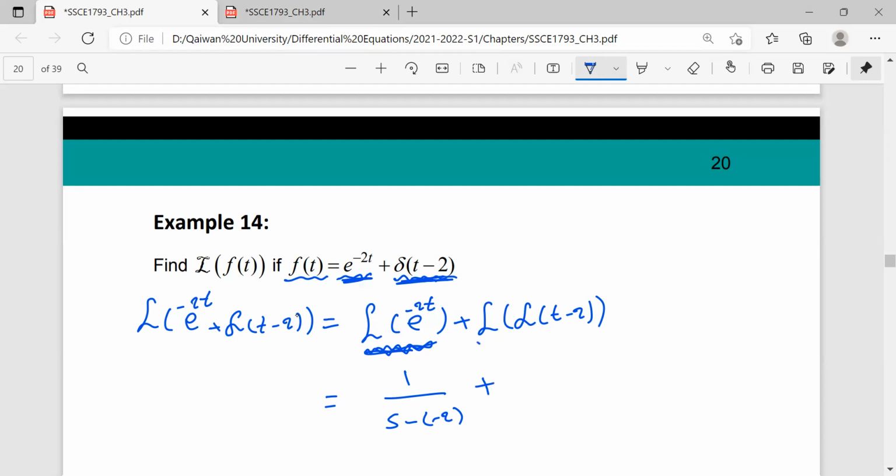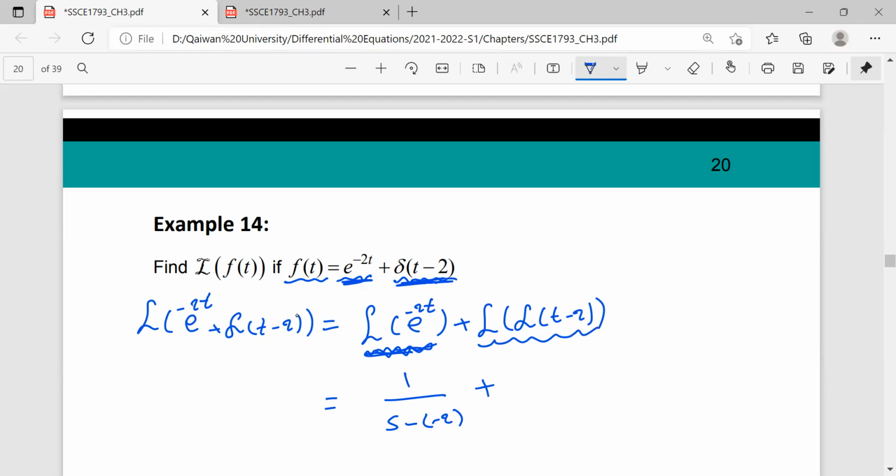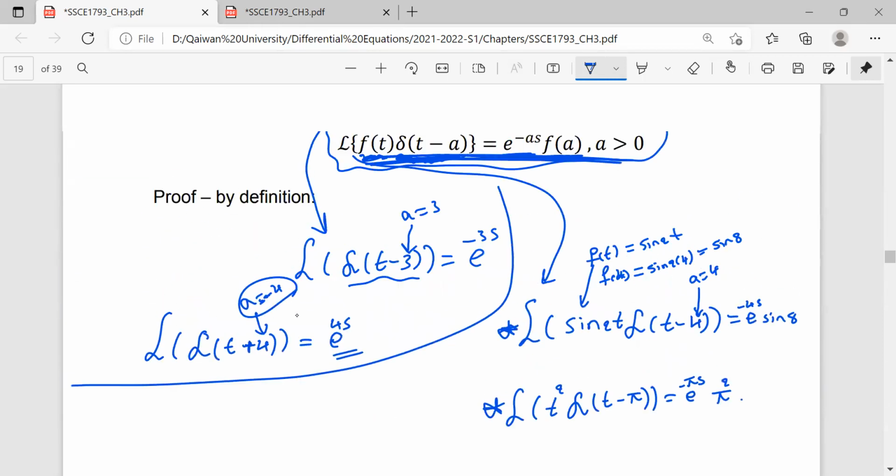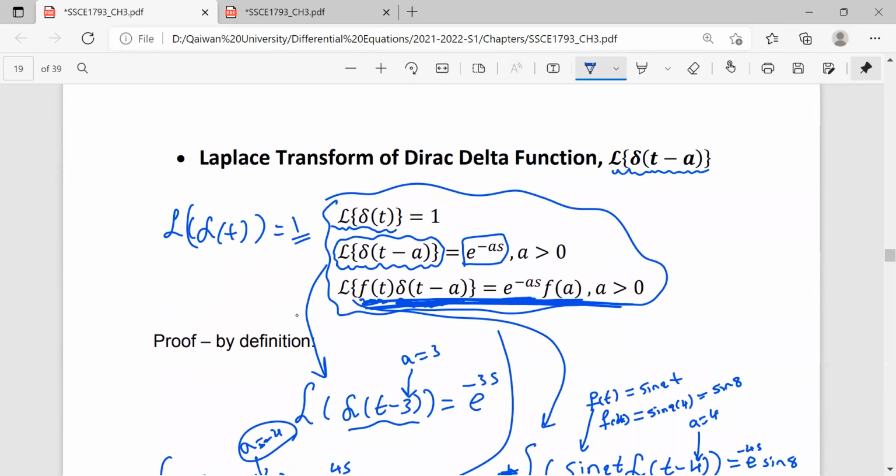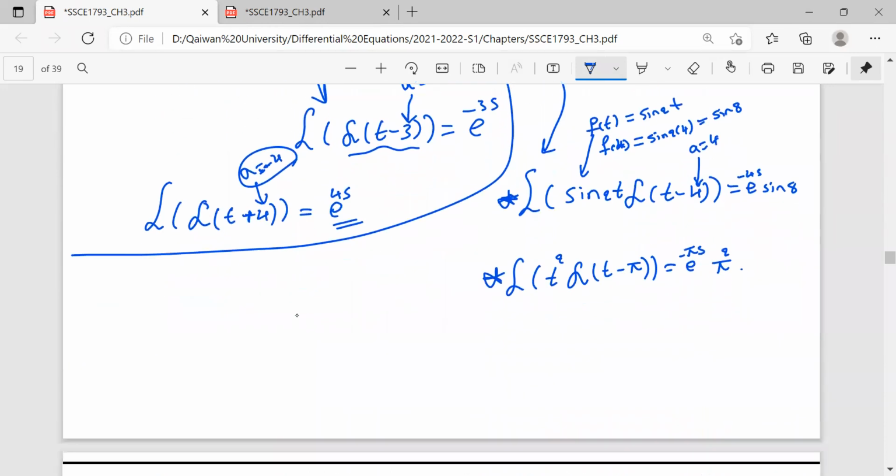the Laplace transform of the Dirac delta function of t minus 2. What's the Laplace transform of the Dirac delta function of t minus a? It equals e to the power minus as.